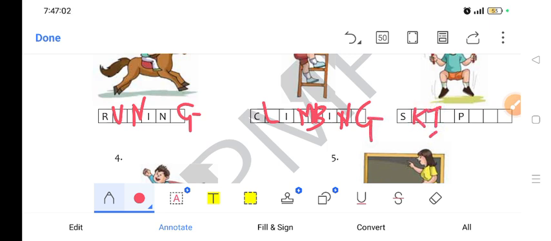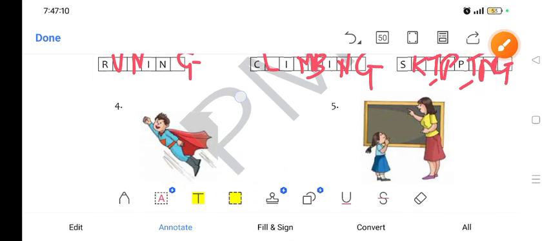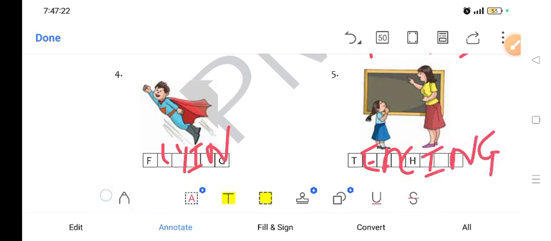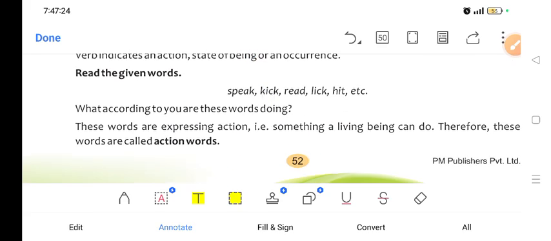He is skipping. Skipping. Next, the picture is flying. Flying. Next, teaching. Teaching. So these are action verbs.